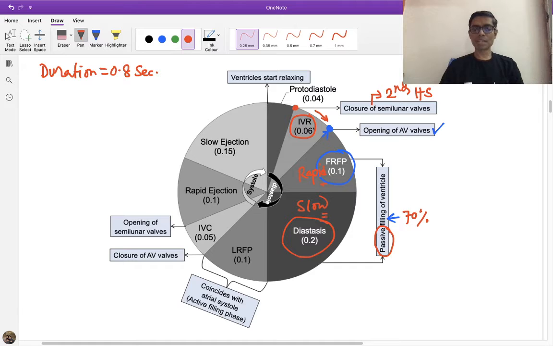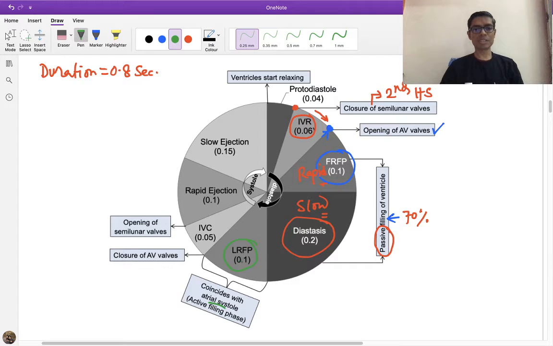Now even after these two phases, some amount of blood still remains in the atrium, which is pushed by atrial contraction. So again there will be a rapid filling within the ventricle, which is known as the last rapid filling phase, which coincides with the atrial systole.